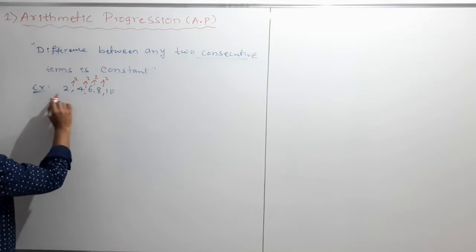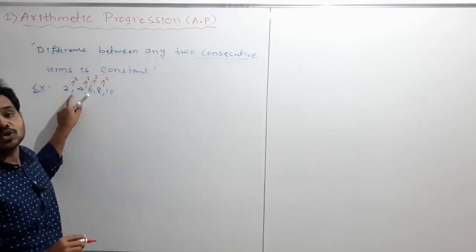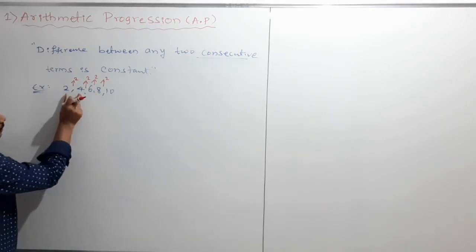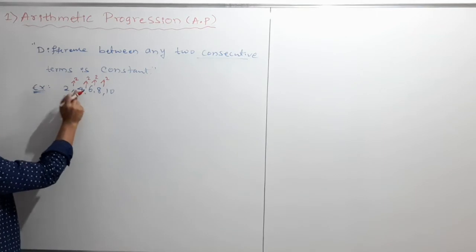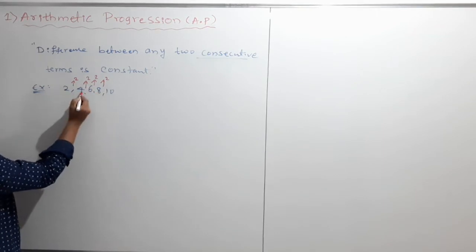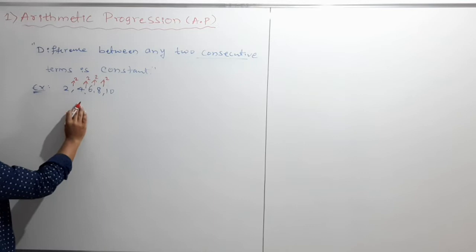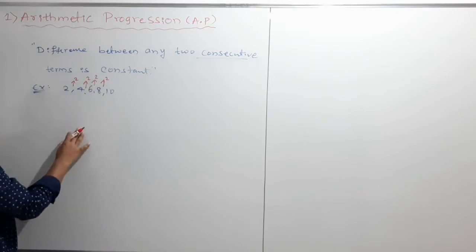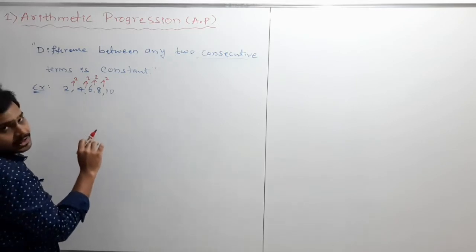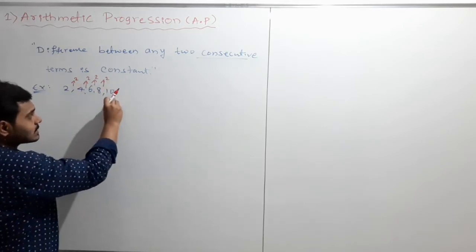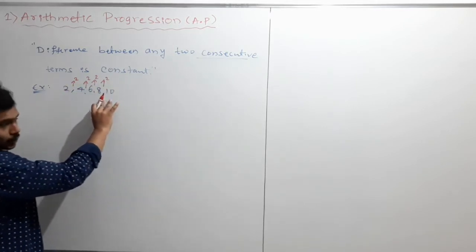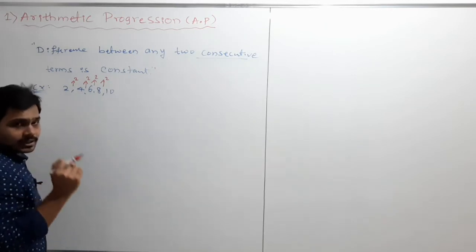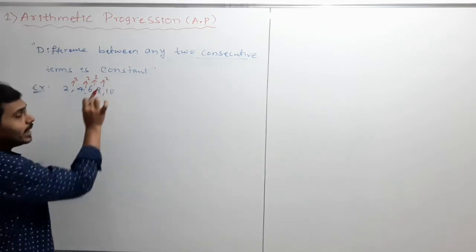It means the difference between any two consecutive terms is constant. 2 and 4 are two consecutive terms. One by one you should take one number next to another. 2, 4 are consecutive numbers. 4, 6 are consecutive numbers. 6, 8 are consecutive numbers. 8, 10 are consecutive numbers. In a sequence, if you take any two consecutive terms, then the difference should be constant.